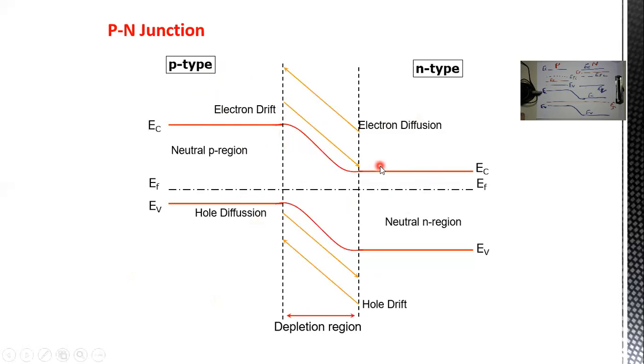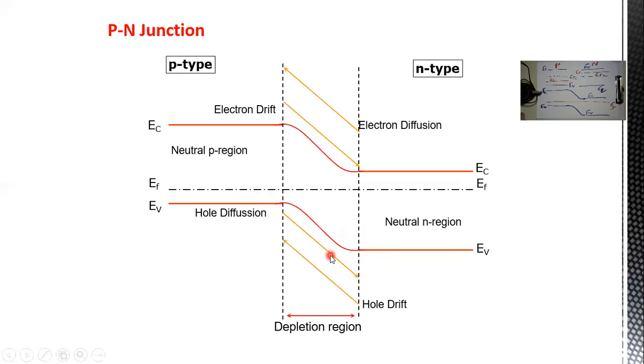This energy will push the electron to jump this depletion region and go to the other side. Similarly, if you have a hole here, is this hole capable of moving to the right-hand side? You all told me no. It needs energy to jump this barrier.